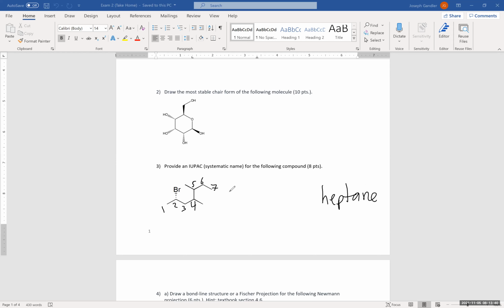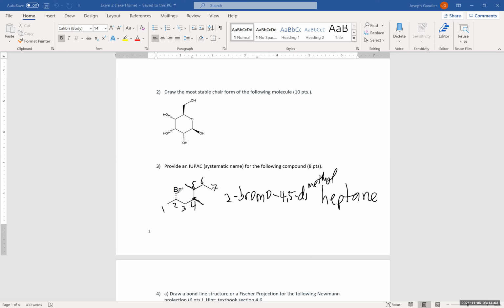We have a bromine at the 2 position, so that's a 2-bromo. Then at the 4 and 5 position, we have methyl groups. So 2-bromo, 4,5-dimethyl heptane.